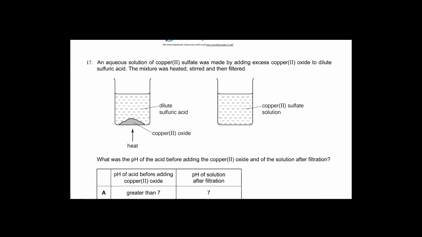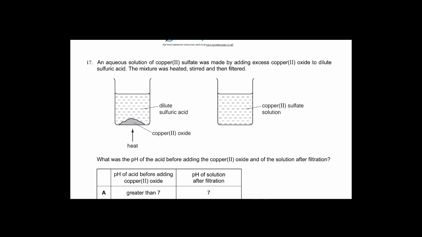An aqueous solution of copper 2 sulfate was made by adding excess copper oxide to dilute sulfuric acid. The mixture was heated, stirred, and then filtered. So we are having this mixture, dilute sulfuric acid and copper 2 oxide heated together.